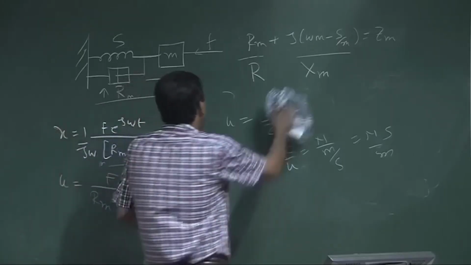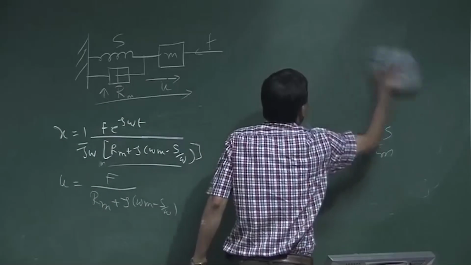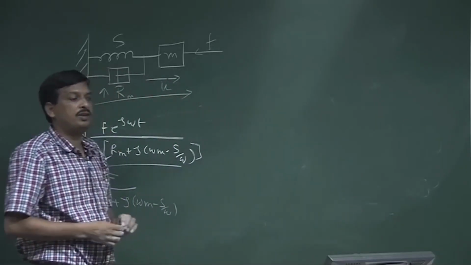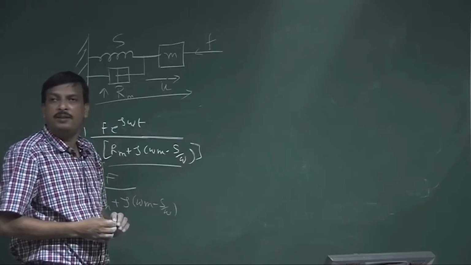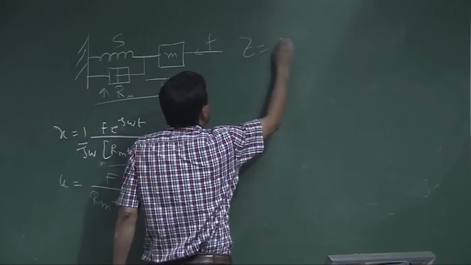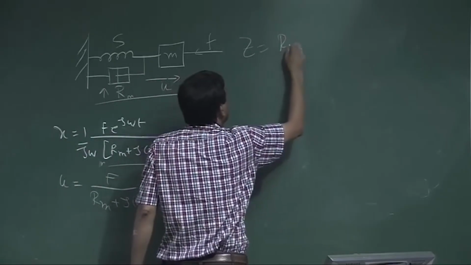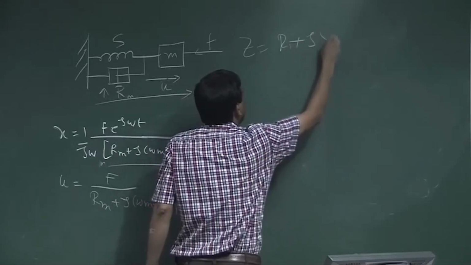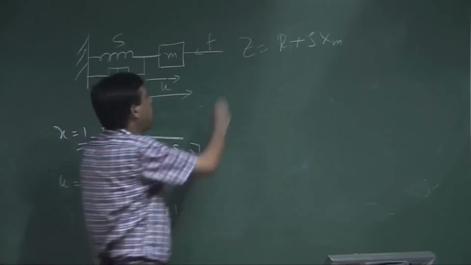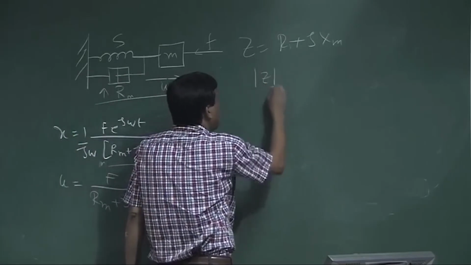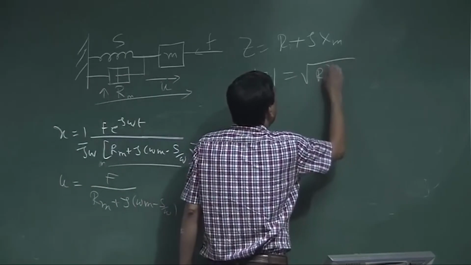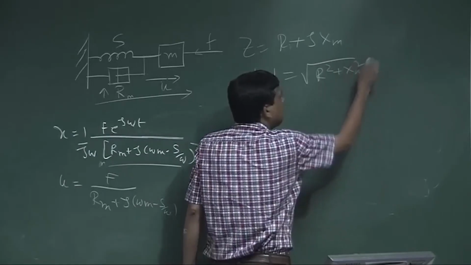Okay. Now, I can write Z in a different form also; we should understand that. If Z is R plus j Xm, instead of that I can write the amplitude part, mod Z, which is nothing but root over R square plus Xm square.